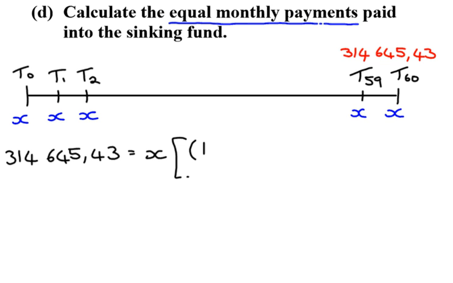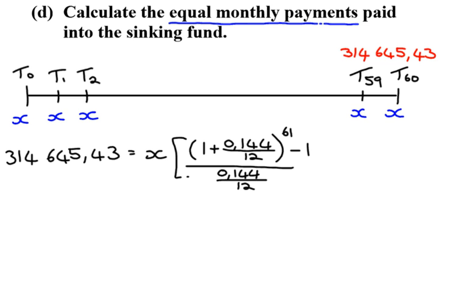So we've got 1 plus 0,144 divided by 12, our interest rate. But now there are 61 payments because there's a payment that occurs at T0, which doesn't usually happen with an end to end. Okay, and we divide by interest rate. Oops, let's not forget the -1.